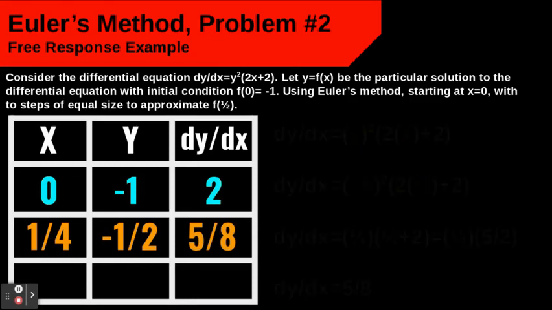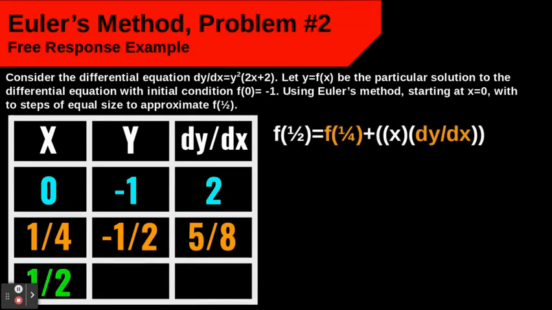Our final step for x is going from 1/4 to 1/2, and we must solve for y again using our previous position and adding the change.